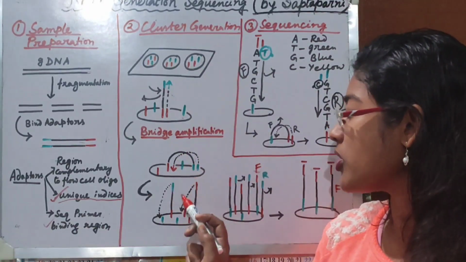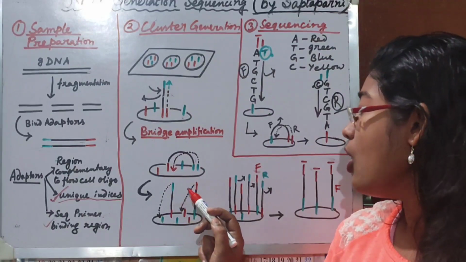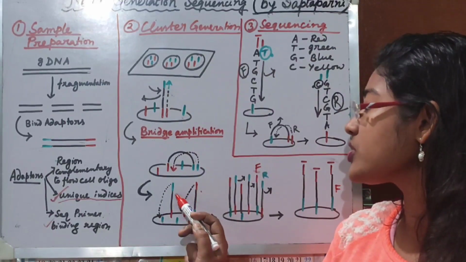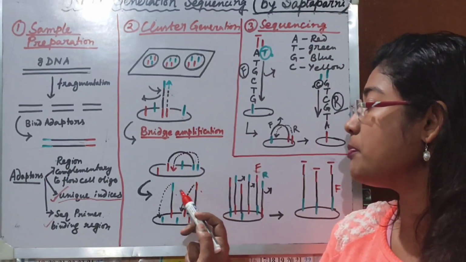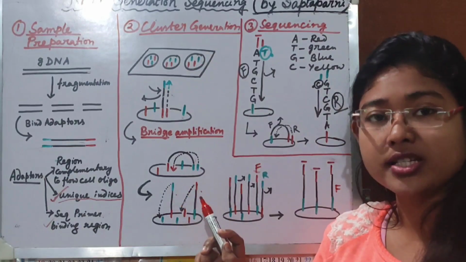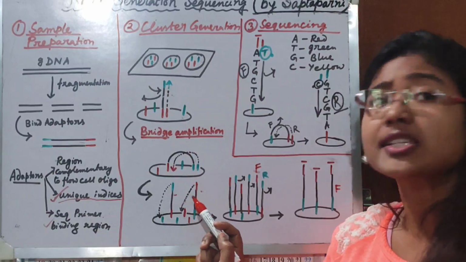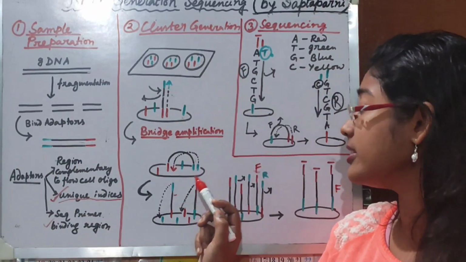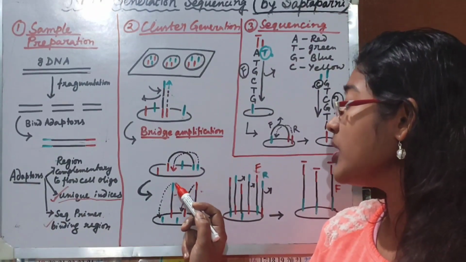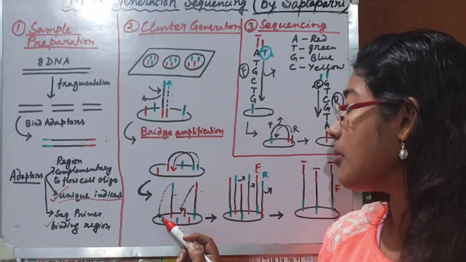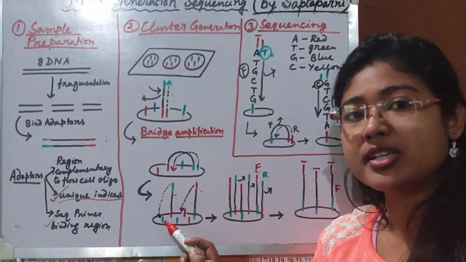So after this process, you will find both the forward and reverse strand of your template DNA present in your flow cell. Okay, this is the forward strand and this is the reverse strand. And obviously they will now form the bridge with their complementary oligonucleotides present in the flow cell.